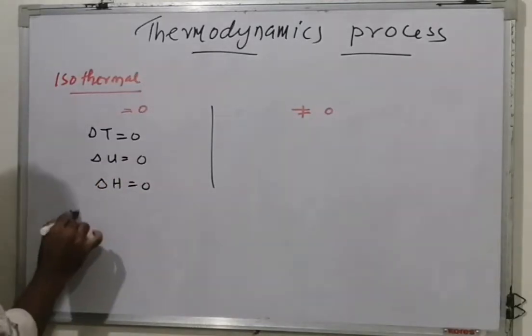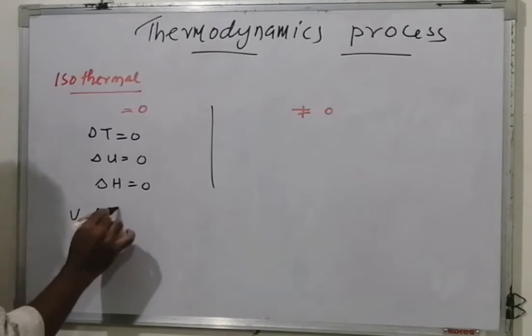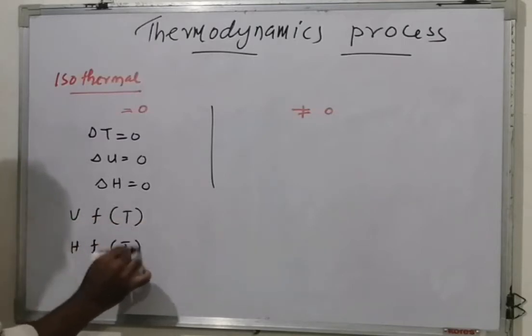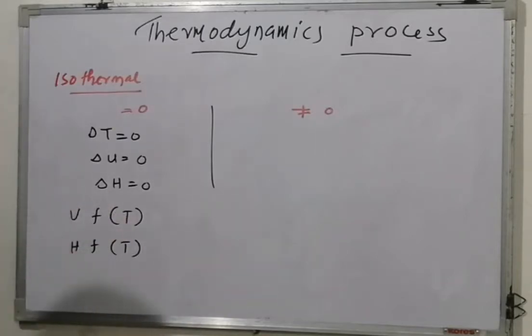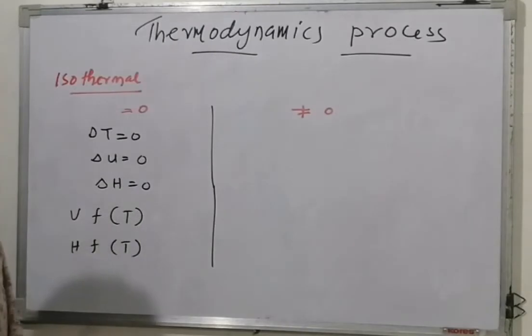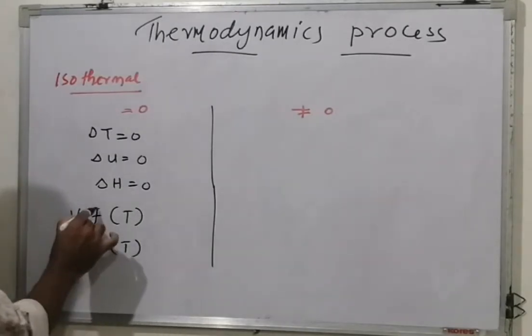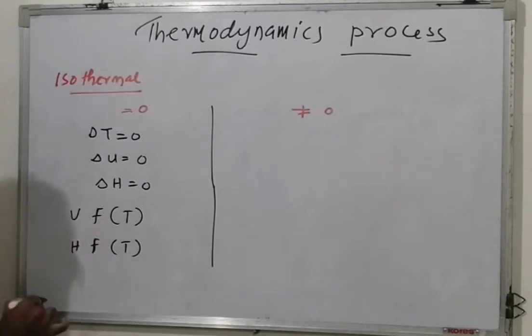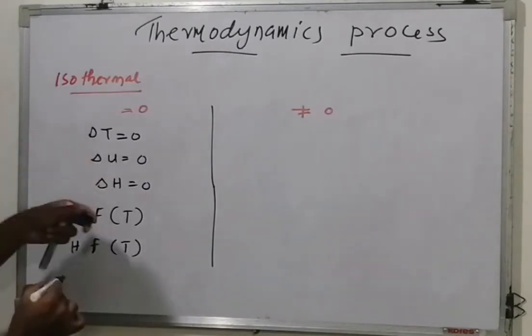You know, internal energy is always a function of temperature. Enthalpy is always a function of temperature. Normally, for a thermodynamic gaseous system, internal energy and enthalpy are functions of temperature. Once temperature change is 0, all these are zeros.